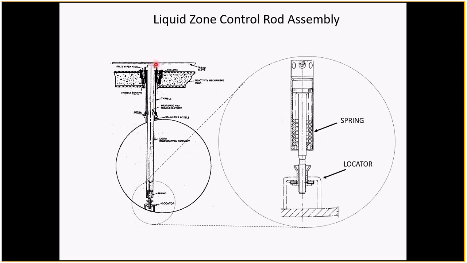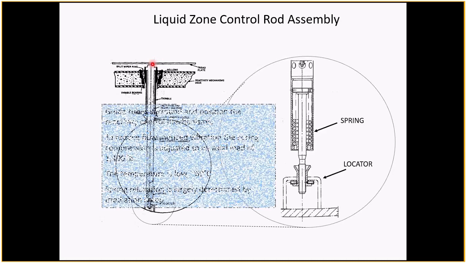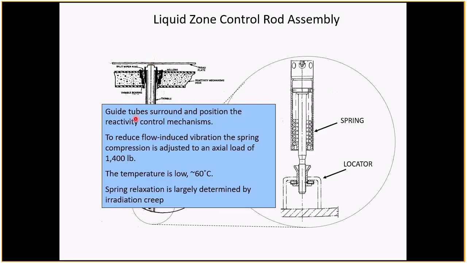Anyway, in order to compress it, they have a little nut at the top here, and when they first installed the reactor, it's adjusted to an actual load of 1,400 pounds. I guess that's 1,400 pounds weight. Yeah, which to me is a lot. So you're really pulling down heavily on this thing.